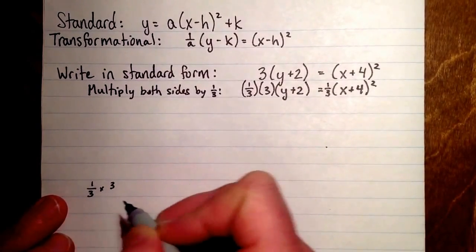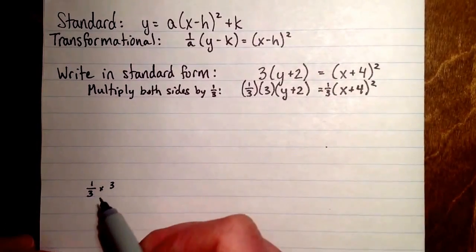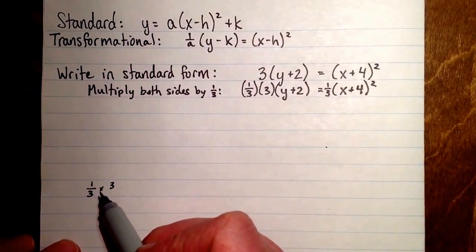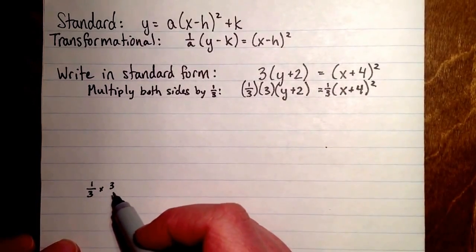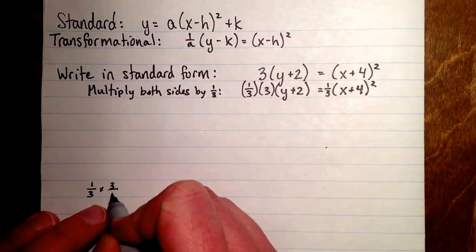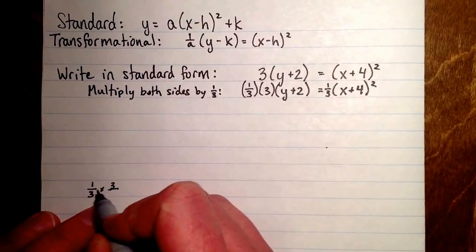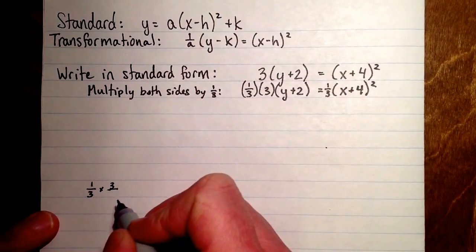So there's a couple different ways of thinking about it. You can just remember that the times is the same as of, especially when you're dealing with fractions, so 1/3 of 3, and that gives you 1. Or if you're skeptical of that, we can multiply the fractions out. Often if you're doing operations with fractions and you have whole numbers, it's easier to change the whole numbers into fractions too.